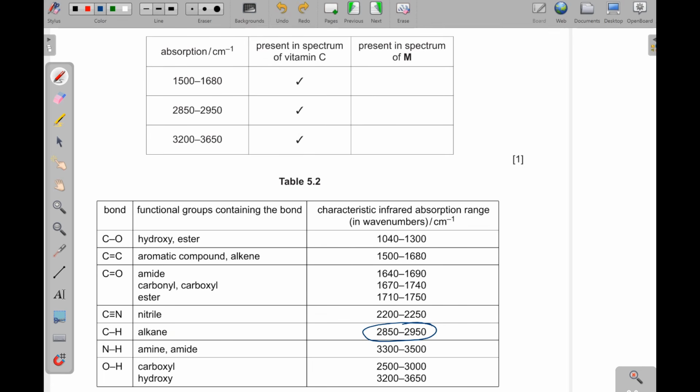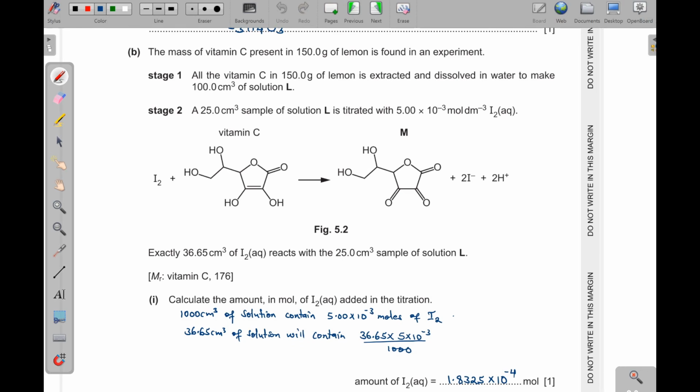When we check here, there is carbon here, there is a hydrogen. Carbon to hydrogen is there. There's also here carbon to hydrogen. There's also here carbon and then a hydrogen. So alkanes are also there. So that absorption will be given. You get it?